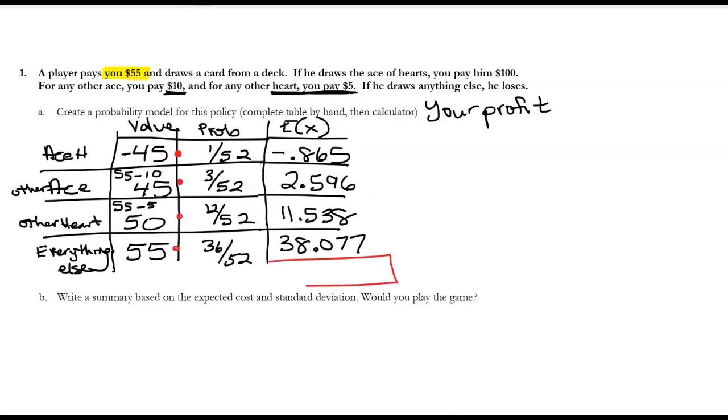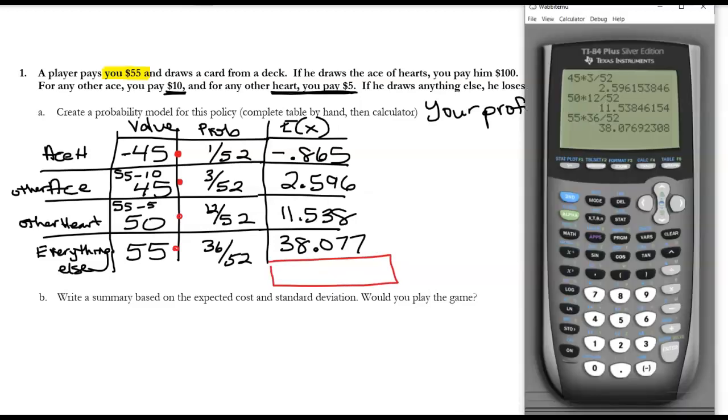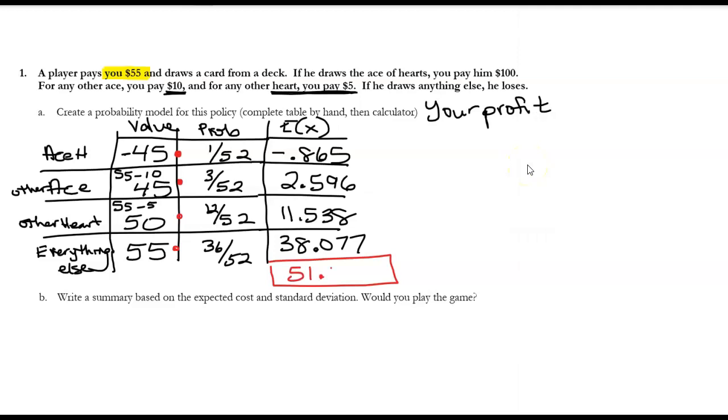To find the actual answer, you add those numbers up. So this one plus the 2.596, this one plus 11.53, this one plus, and it might be a little different because I didn't round, but essentially I've added all those, and now I get $51.35. That right there is my expected profit for each game.